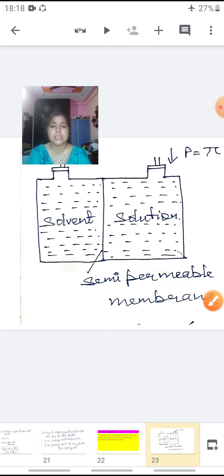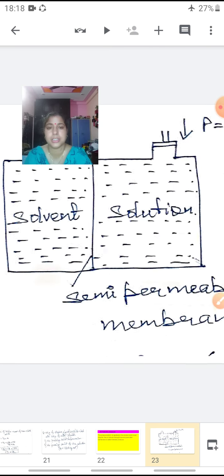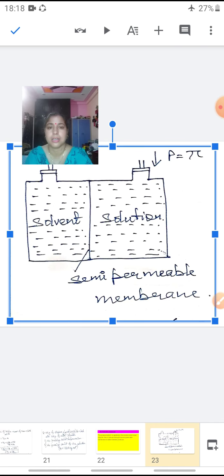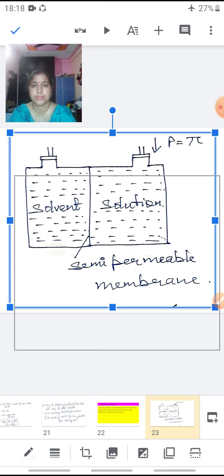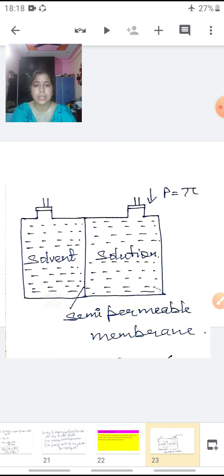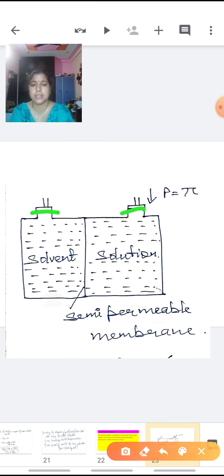Now children, suppose these two frictionless pistons are fitted here, this and this.